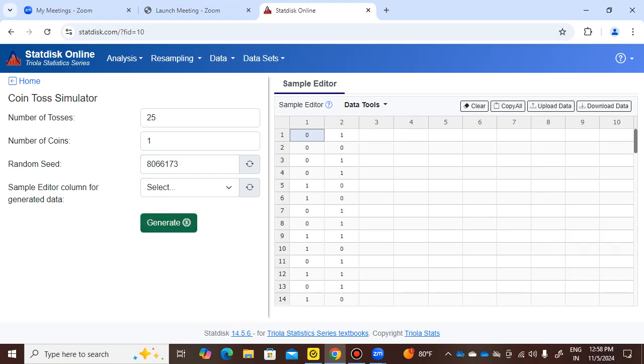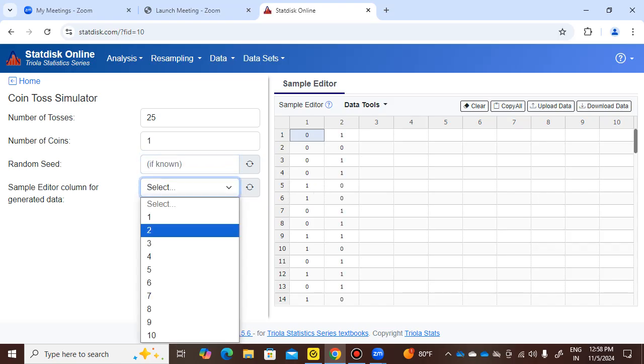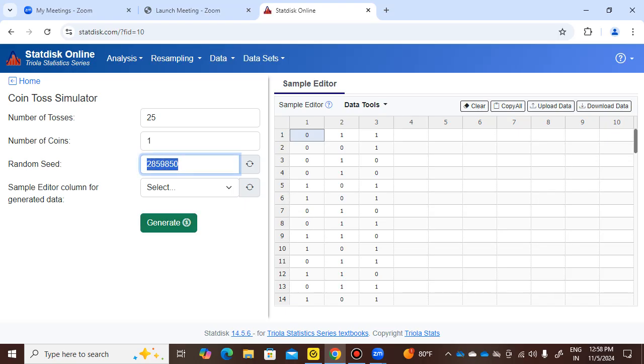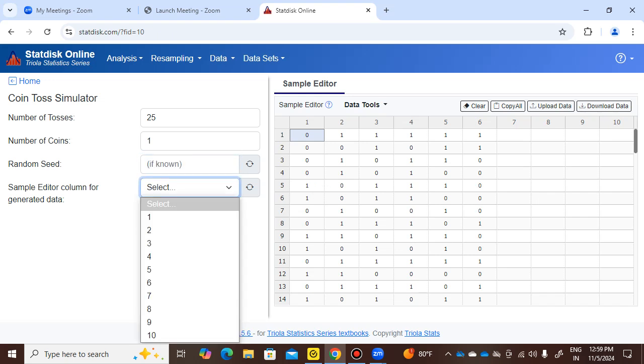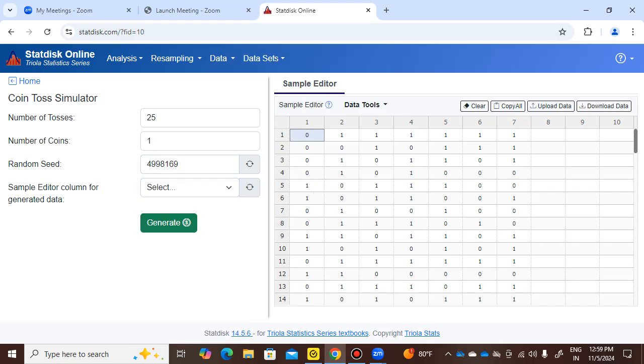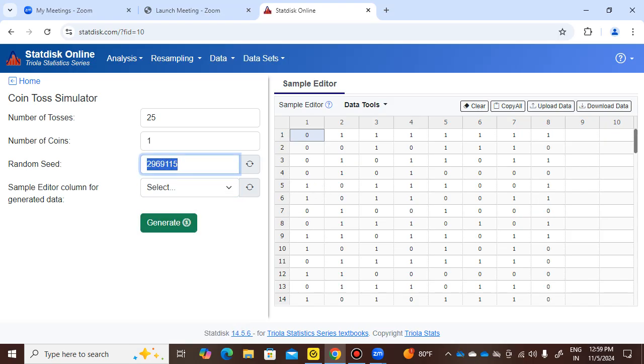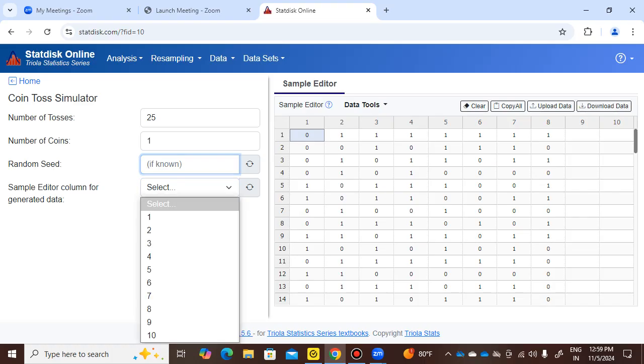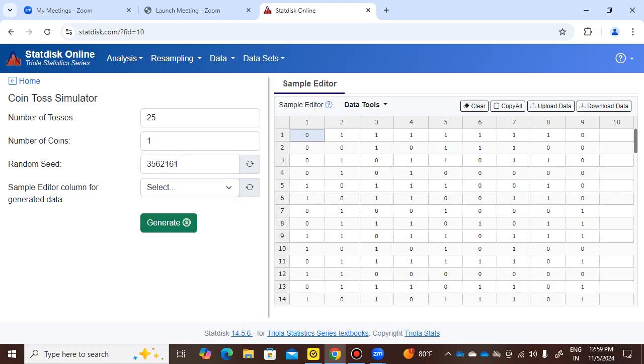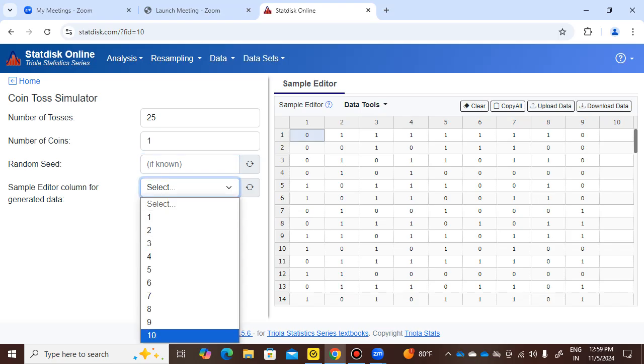Column 2, column 3, column 4, column 5, column 6, column 7, column 8, column 9, and the last one, column 10.